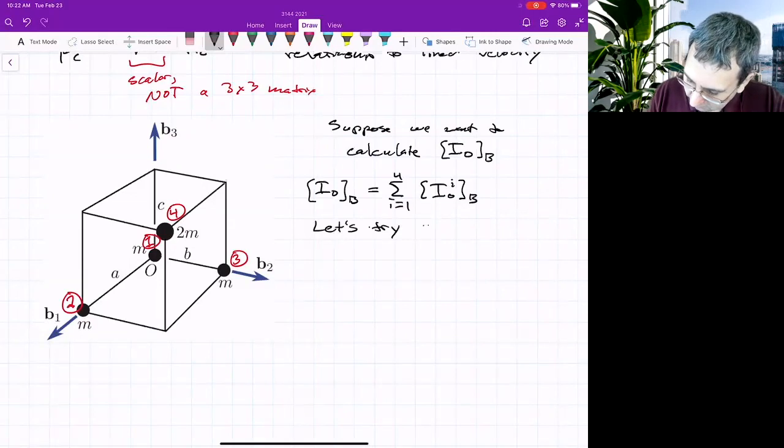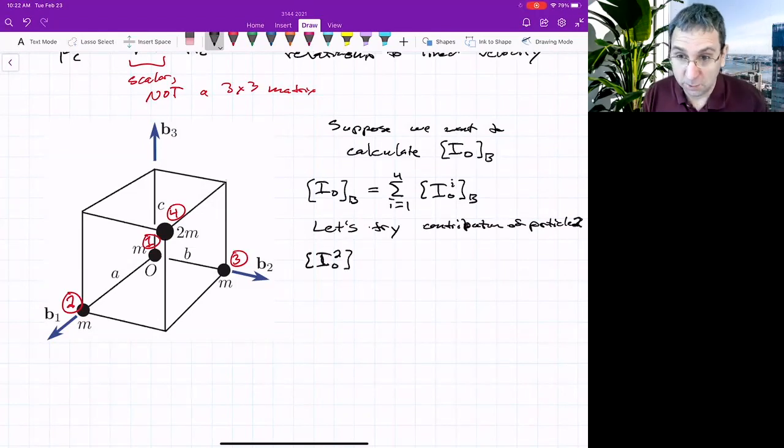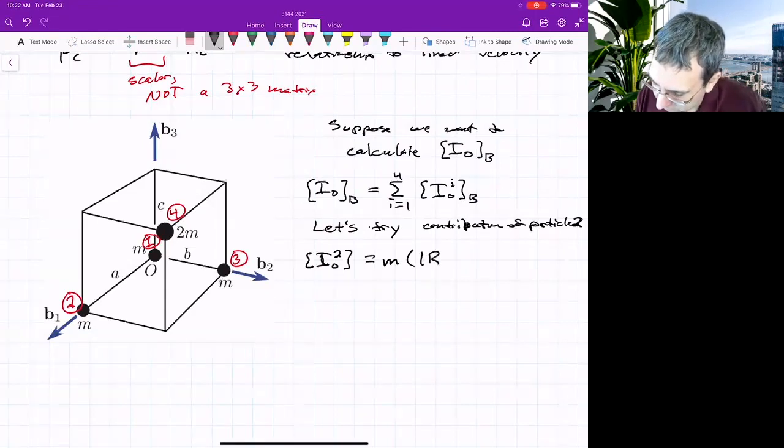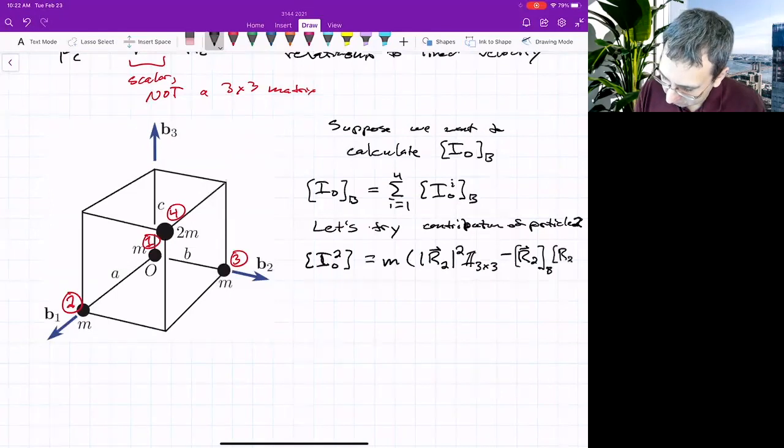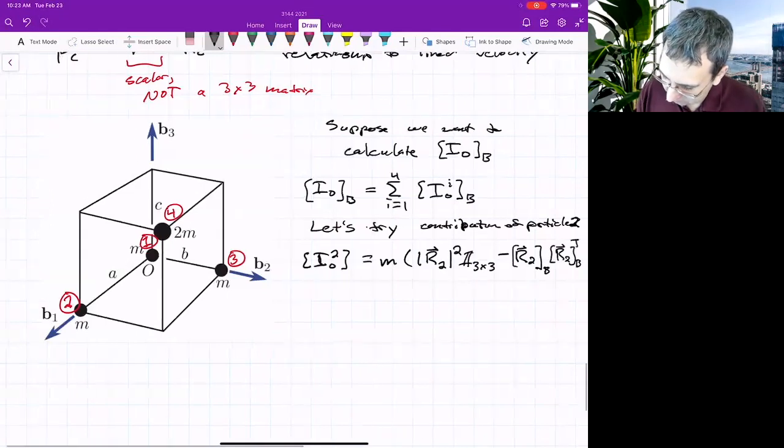Now let's try the contribution of particle 2. Moment of inertia, particle 2, about the point O. Well, we've got the formula for that. It would be the mass of particle 2, which is just m, and then the magnitude of the vector r2 squared times the 3x3 identity minus r2, written as a column vector in the B frame, times r2 transpose in the B frame.